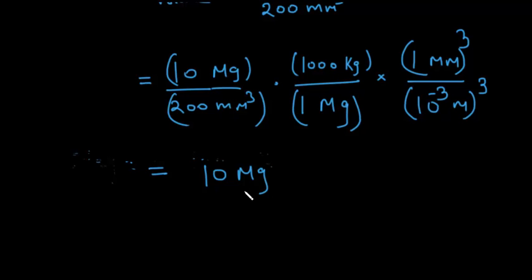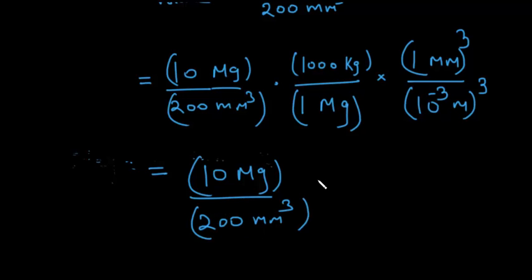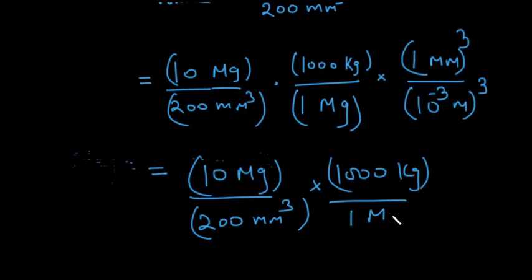10 megagram, 200 millimeter cube, 1000 kilogram divided by 1 megagram, 1 millimeter cube into, when the base is same, power gets multiplied.